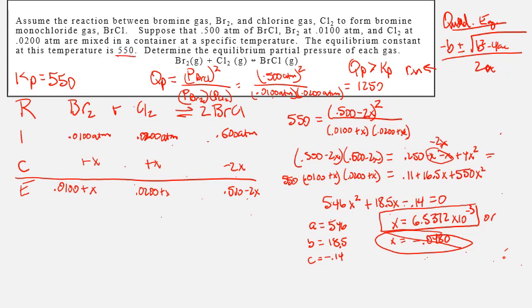So now I can take this value and plug it into our expression. For the partial pressure of Br2, that would be equal to 0.0100 plus, I'm just going to write it out in its normal notation, 0.0065372.